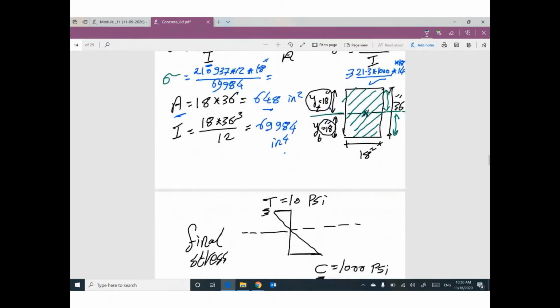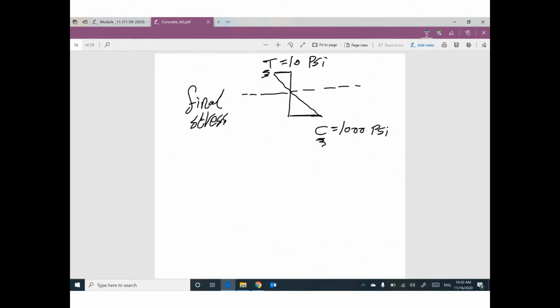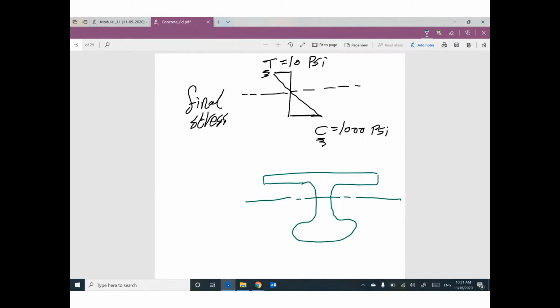But if you go back to the previous example from last meeting, we have something different. Something like this. So this distance is not equal to this distance. So this time, you will get two different values. This value will be different than this value. So it depends on the cross section. If the distance to the top equals the distance to the bottom, the two values are equal.